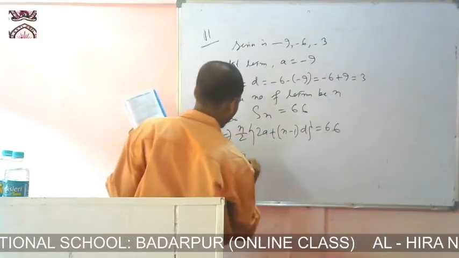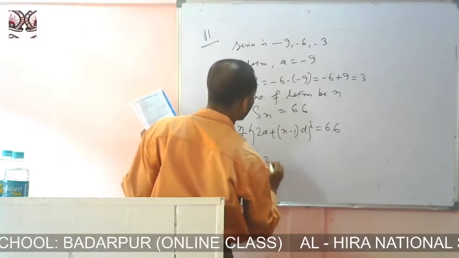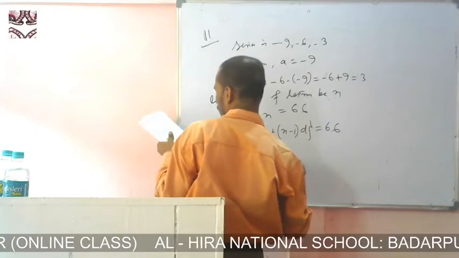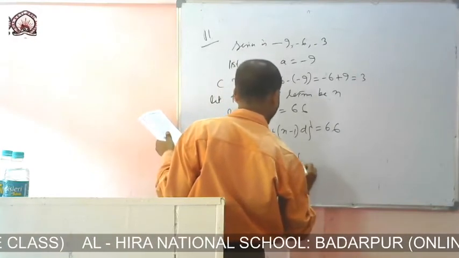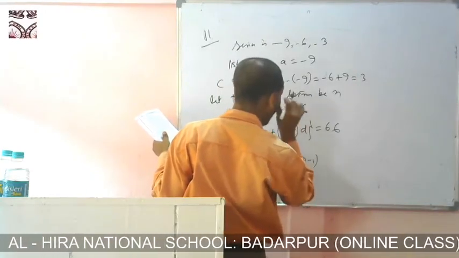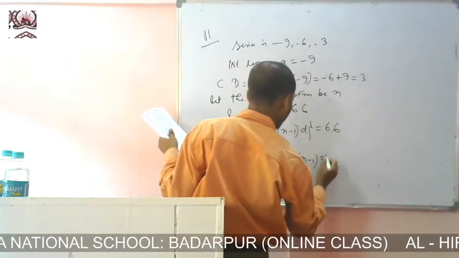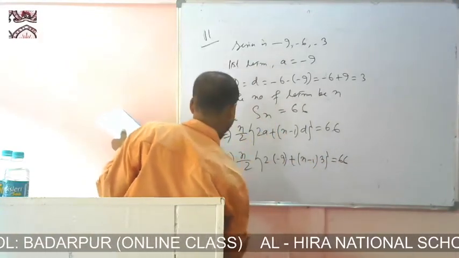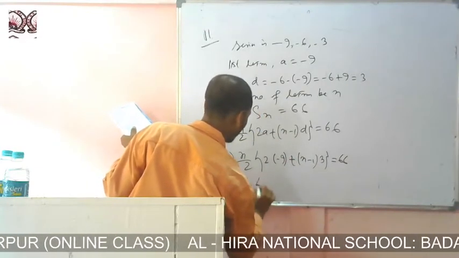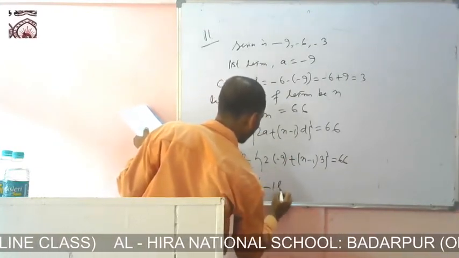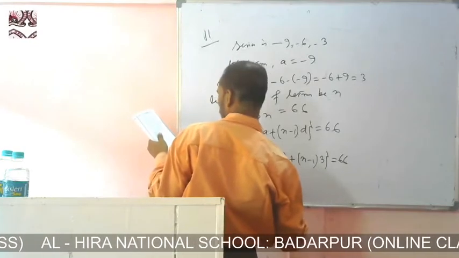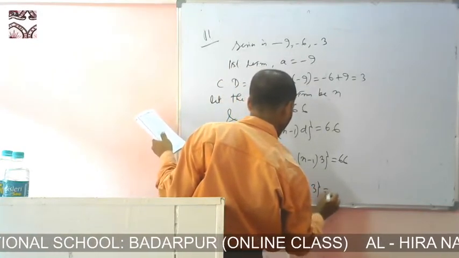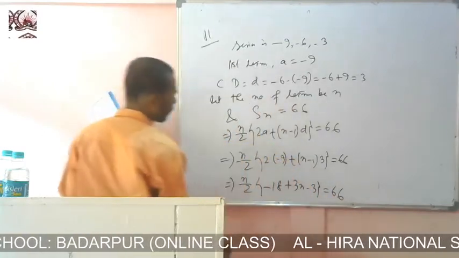Then n by 2 into 2 into a, which is minus 9, plus n minus 1 and d is 3, is equal to 66. Then n by 2 into minus 18 plus 3n minus 3 is equal to 66.